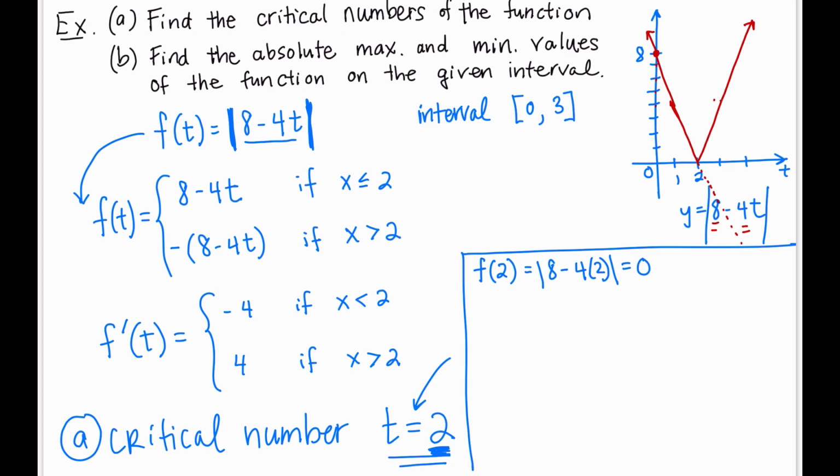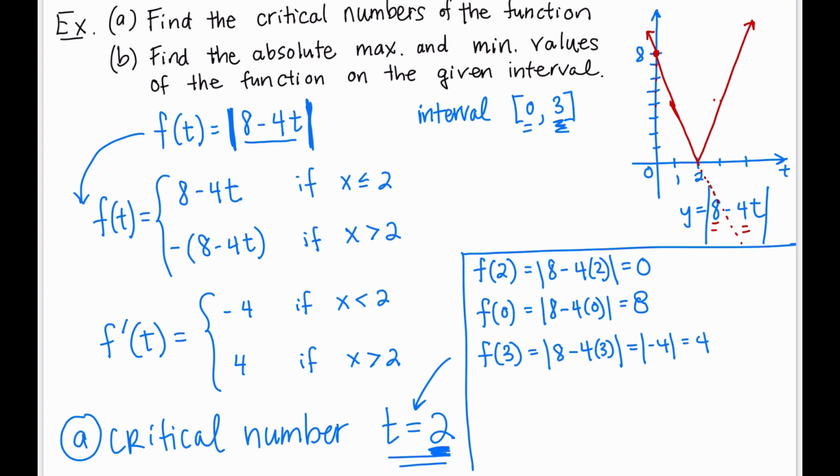Now the closed interval method is also telling me to plug in the endpoints into my function. So f of 0 is 8 minus 4 times 0. That's 0. Oh, sorry, that's 8. And f of 3 is equal to the absolute value of 8 minus 4 times 3. So that is 8 minus 12, which is negative 4, or 4.